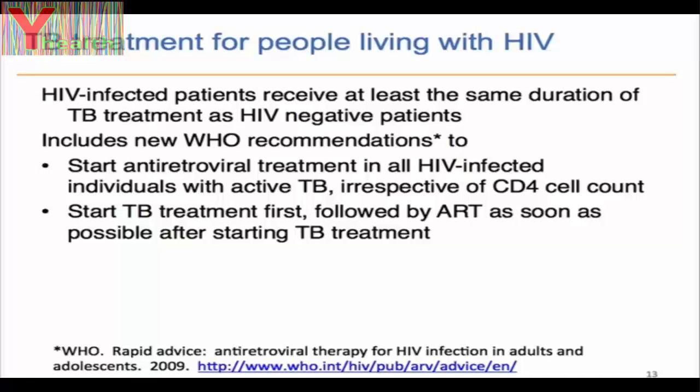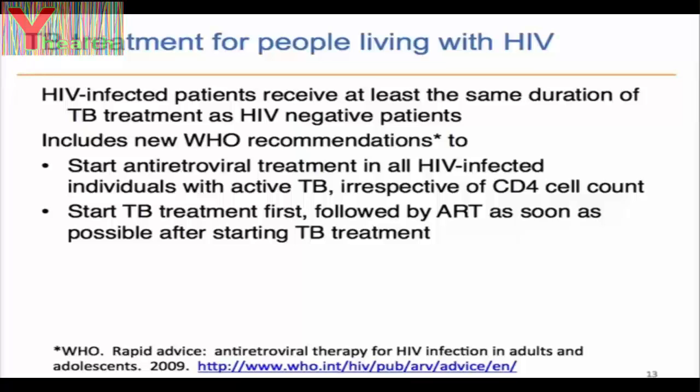The treatment of tuberculosis in patients with HIV infection is beyond the scope of this lecture and in fact is the subject of a separate lecture, but I would like to mention a few important points. The first thing is that patients with HIV infection with tuberculosis should certainly receive treatment that is no shorter than patients who do not have HIV infection.